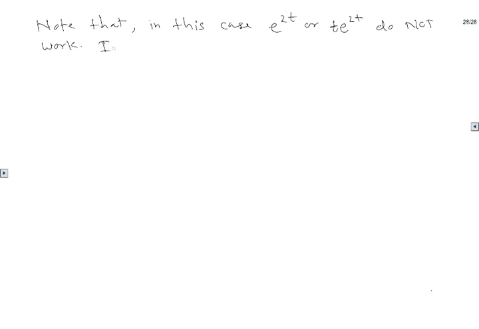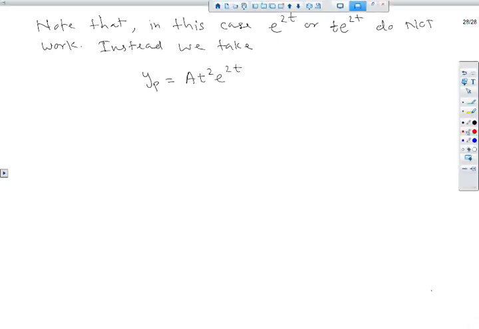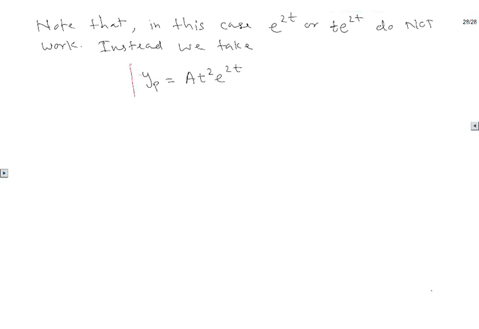So instead we take yp equals A t squared e to the 2t. You put one more t there. So that's what you do, you add an extra t term. It's not that easy. If you need to find another linearly independent solution, the easiest one is you just add an extra t there. So it's t squared, because we already see t e to the 2t in the solution, so that's not going to work.